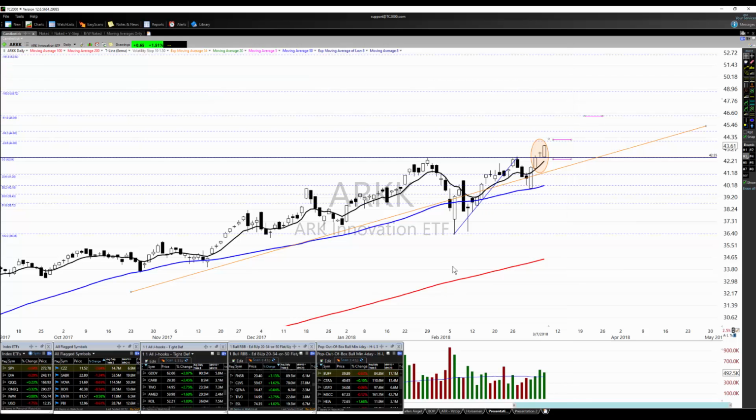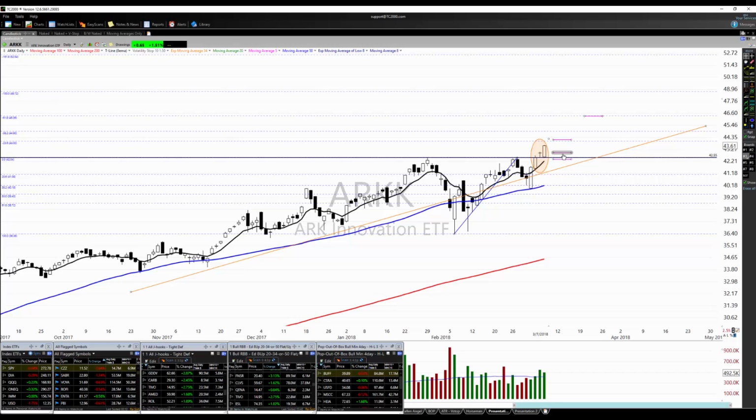So unless we can get an entry down in here, in which case that would work. If we could get an entry on an inside day, like that, that might work. And let's look that up.